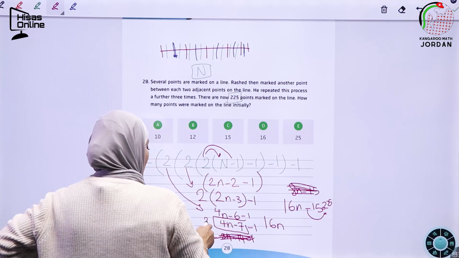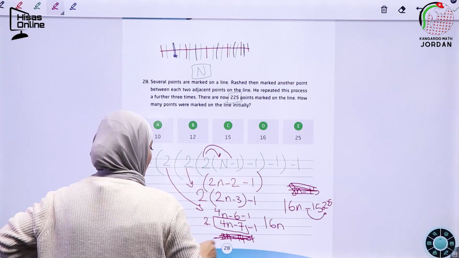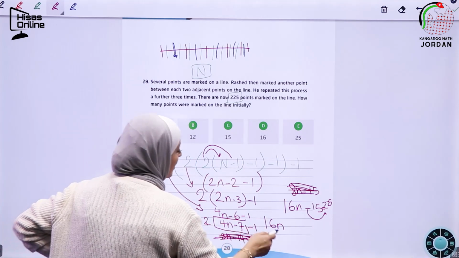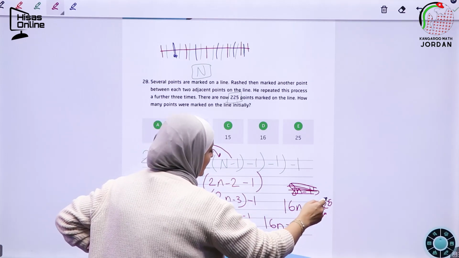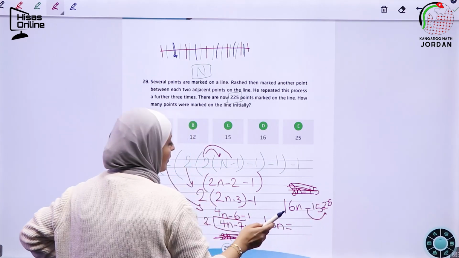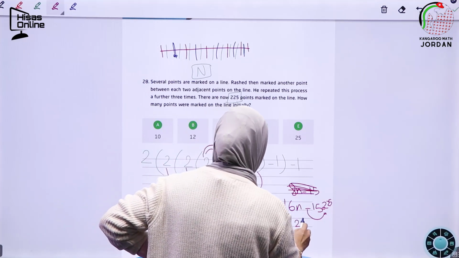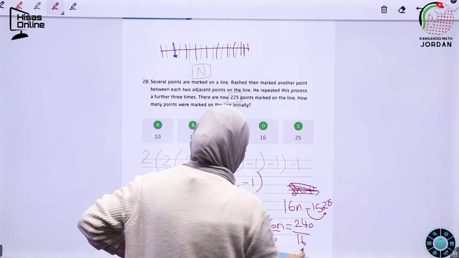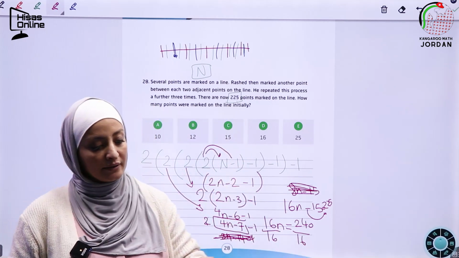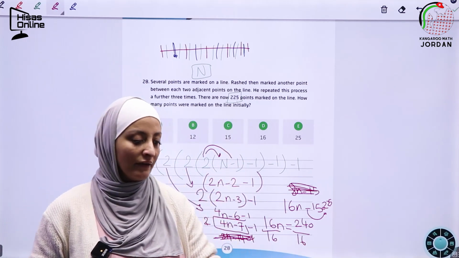So it is my last one: 1, 2, 3, 4. Yeah, here we go. This is the last. So 16n equals 240. Divided by 16, the answer is 15.